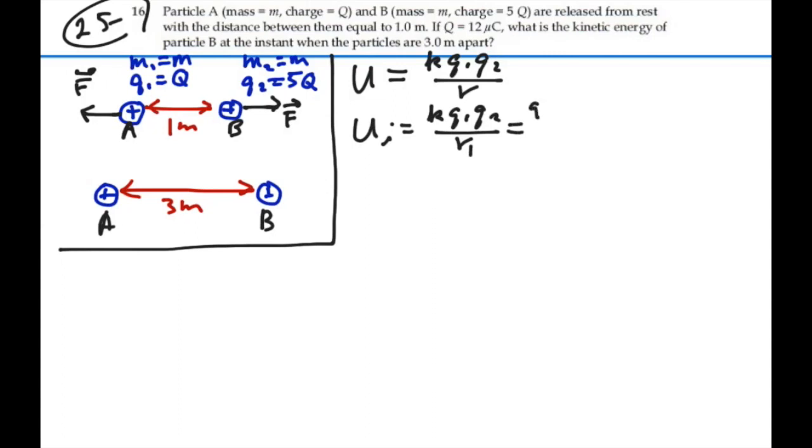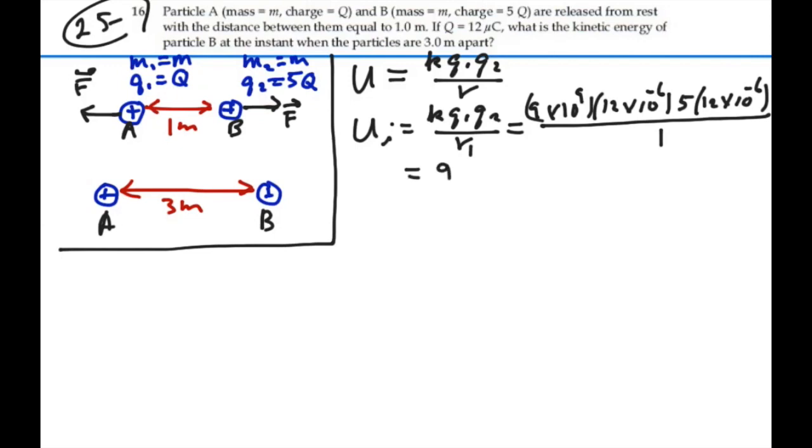This is going to be 9 times 10 to the 9 times charge 1, which is 12 microcoulombs, 12 times 10 to the minus 6, times charge 2, which is 5Q, so that's 5 times 12 times 10 to the minus 6, all over the distance between them, which is 1.